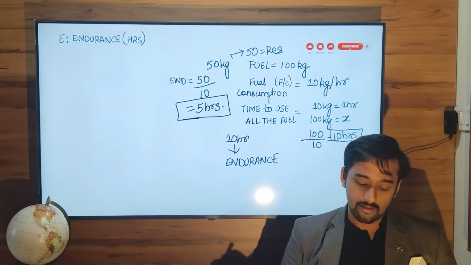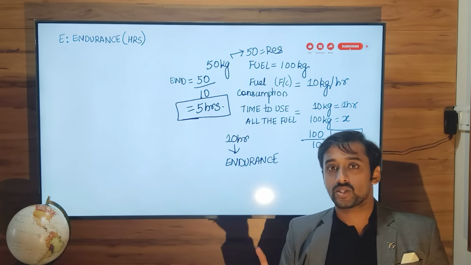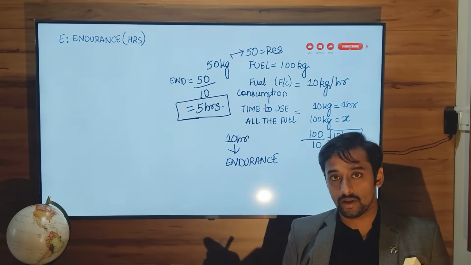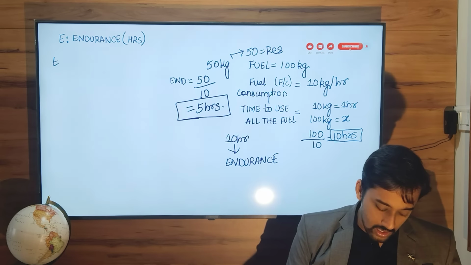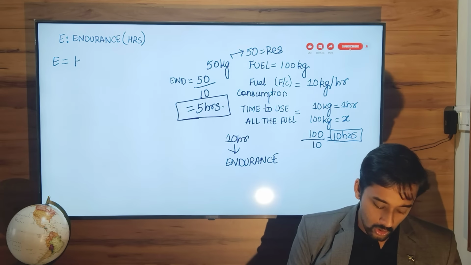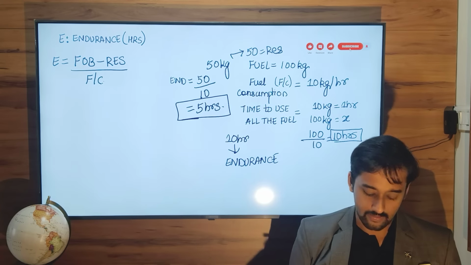So endurance is nothing but time, and the time unit is hours, not minutes, not seconds. Always use hours. So endurance is equal to fuel on board minus reserve fuel, divided by fuel consumption rate.